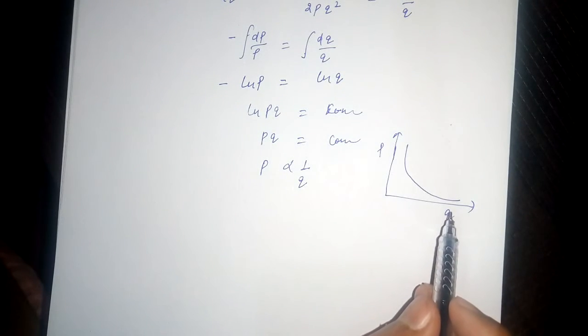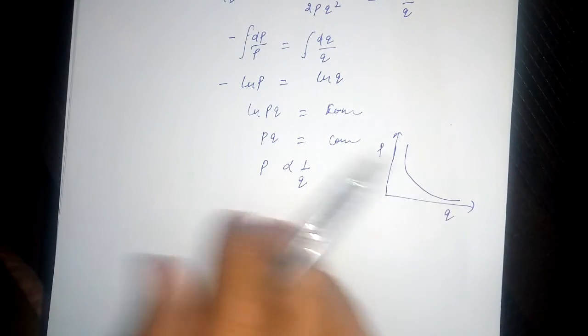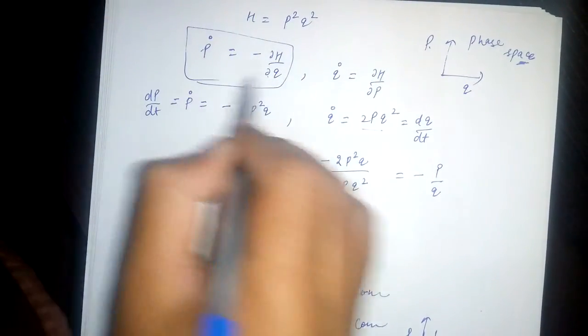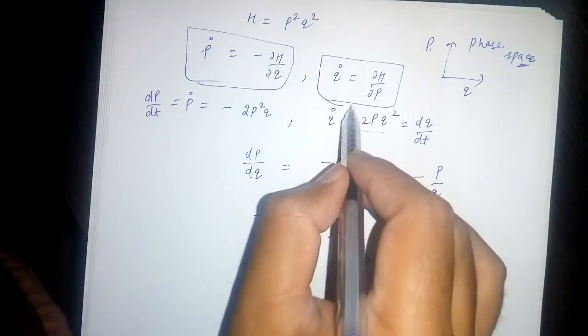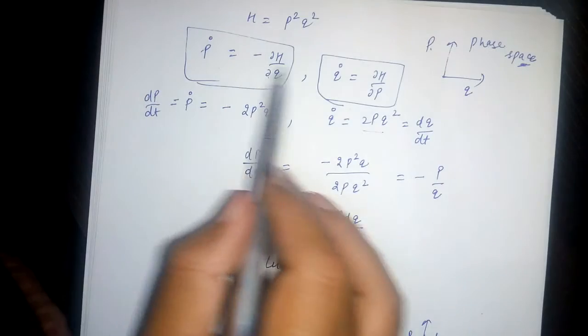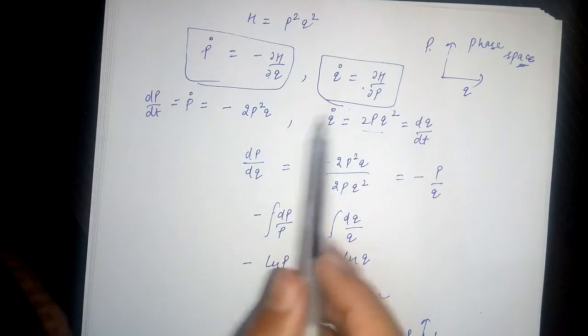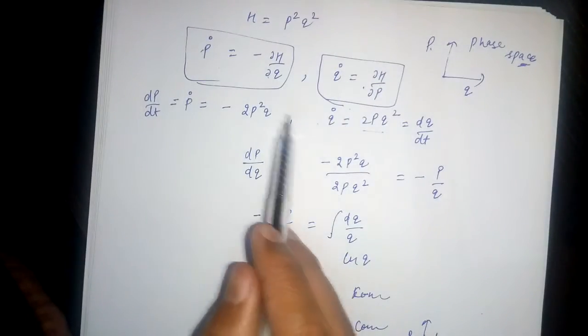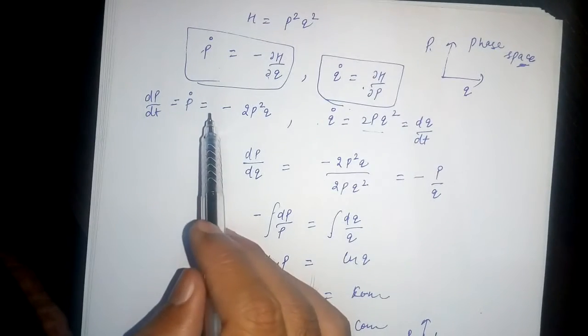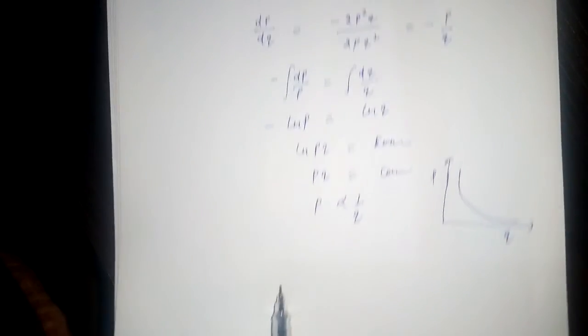So whenever we have to find the phase space diagram, use the equation of motion. If the Hamiltonian is not given, first find the Hamiltonian, then use the equation of motion, then simplify it, either by dividing both equations or by putting one of the parameters into the second one. We will get the phase space.